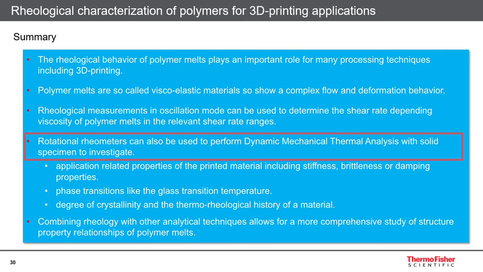And those obtained results are usually used to investigate application-related properties of the printed part, and that includes stiffness, brittleness, and damping properties. They can be used to determine phase transitions, like the glass transition temperature, and also have a look at the degree of crystallinity and the thermorheological history of a material.